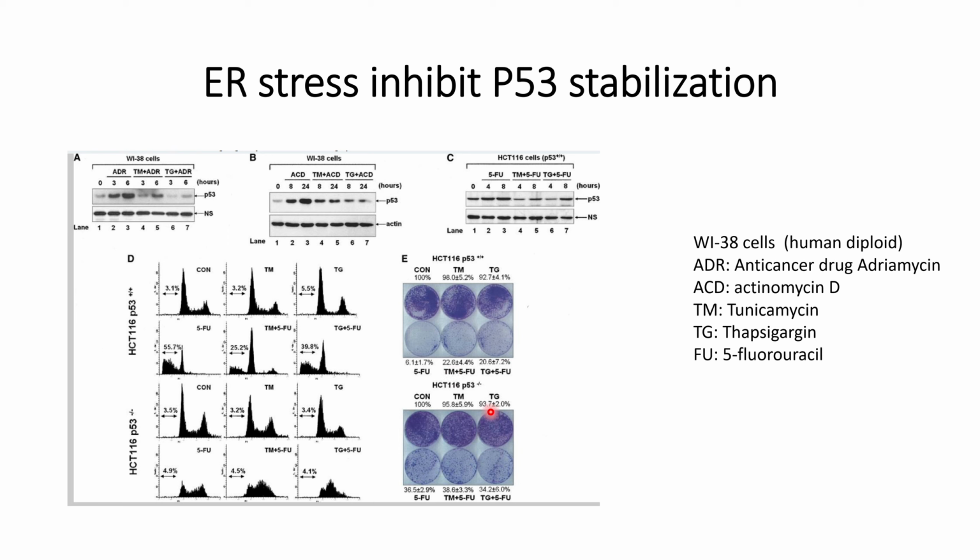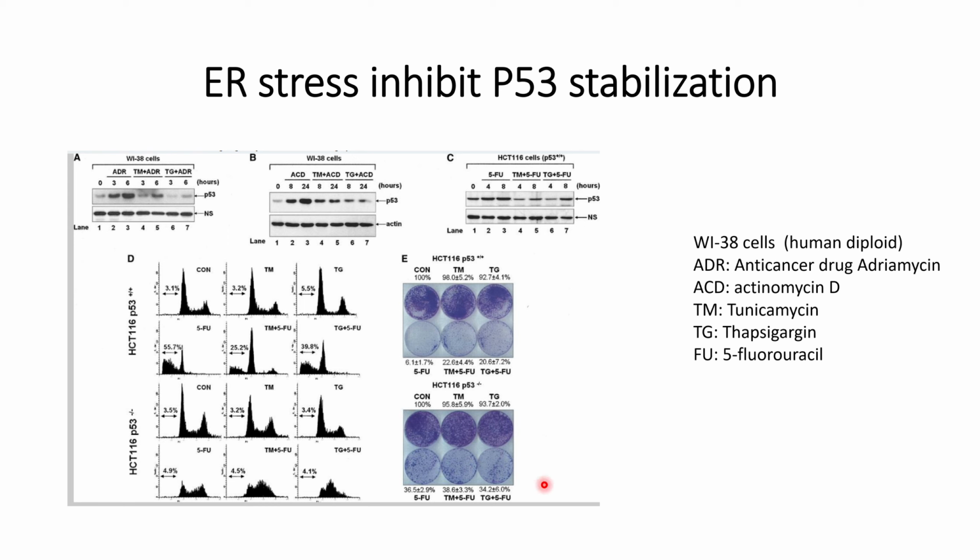However, when the same experiment is done with p53 knockout cells, we can see that the cell population is high when the cells are not treated with 5 fluorouracil. However, the cell population is decreased, but remains the same in all three conditions, whether the cells are under ER stress or not. So this shows that p53 stabilization gets inhibited by ER stress.